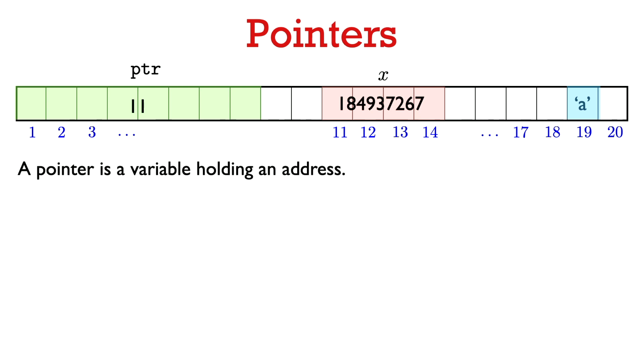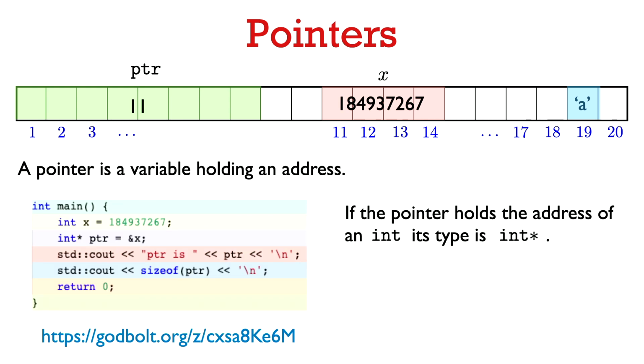Okay, so finally we come to the dreaded pointer. So when you're thinking about pointers and you're getting confused, just come back to the mantra. A pointer is a variable holding an address. Okay, so that's all a pointer is. It's just a variable holding an address. Okay, so in this snippet here, we again initialize our integer x, and in the next line we initialize a pointer to an integer, and the value of that pointer is the address of x.